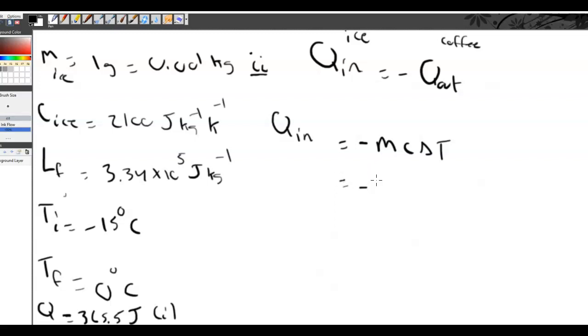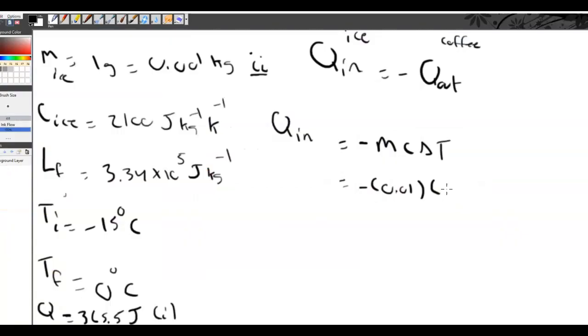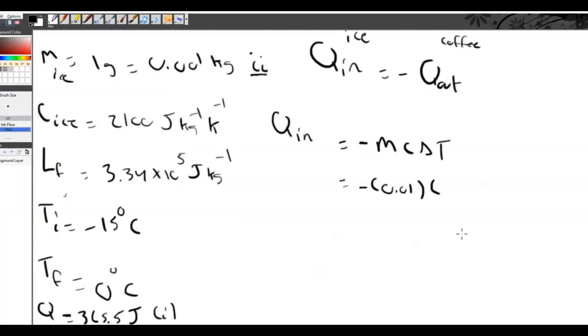And so we have minus, now 10 grams, you have to convert that to kilograms, of course, so that's 0.01. Is that correct? Let me just double check. Yes, that is correct. The specific heat capacity is given in the problem as 3980.